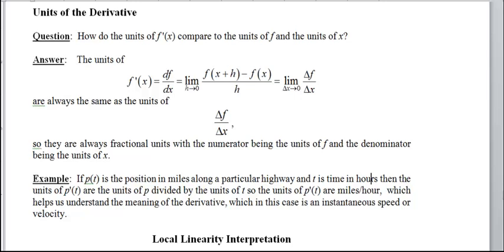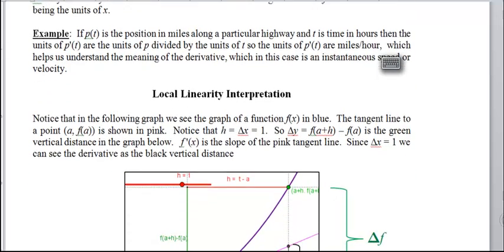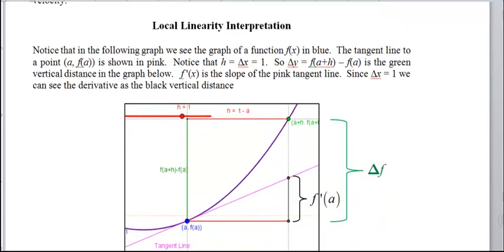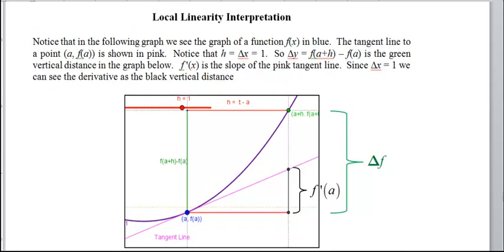In this example, they would be miles per hour, which helps give us an understanding of the derivative, which in this case is a speed, an instantaneous speed, or if we give it a direction as well, then a velocity. So knowing about the units can help us considerably understand what's going on.